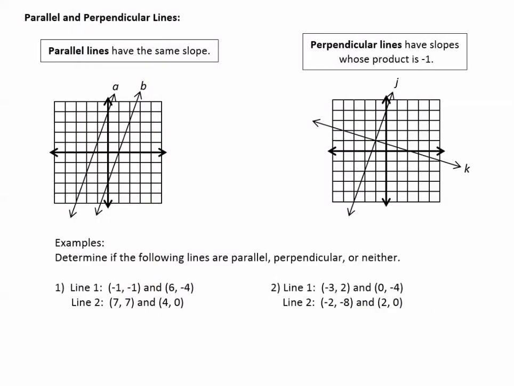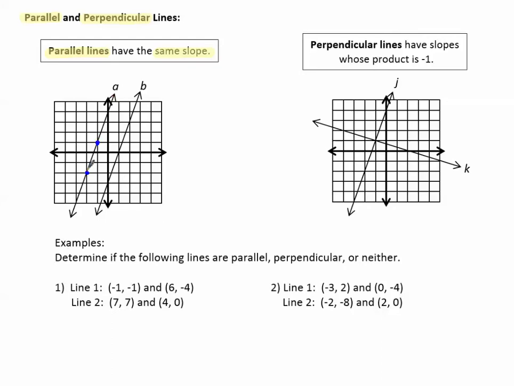Now, we also remember from Algebra 1 about the slopes of parallel and perpendicular lines. Parallel lines have the same slope. Notice in the graph here that they are going in the same direction. If we calculate the slope by finding integral points, like here and here, points that cross through a vertical and horizontal line, we can count the slope. The slope of line A, I'm going to count from the left to the right.